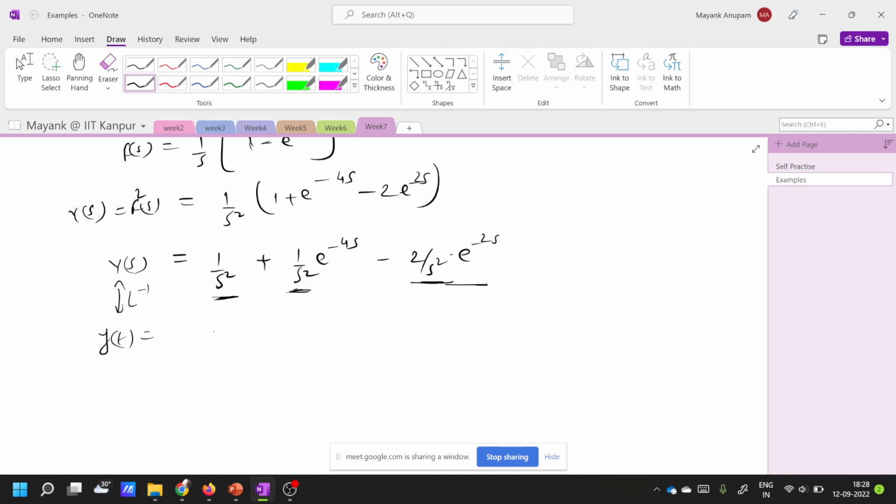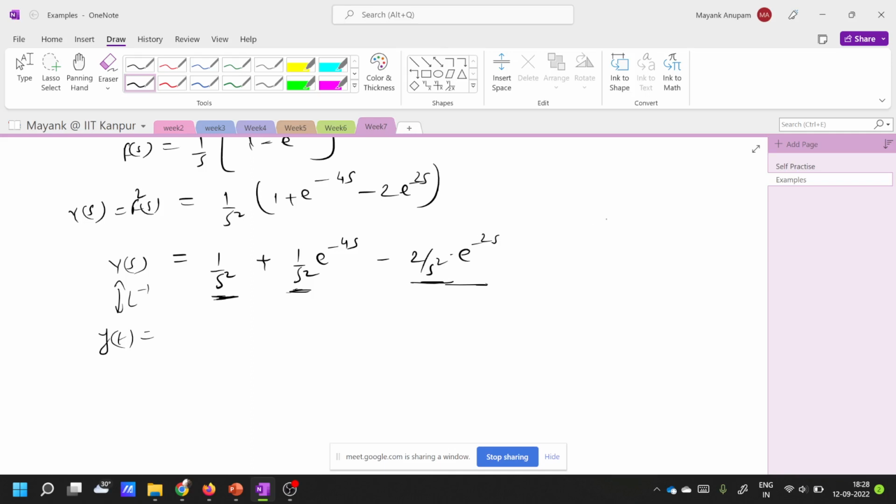Because for the Laplace transform of t to the power 1, it is 1 factorial by s to the power 1 plus 1, which means 1 by s square. So it is basically integration, right? Each time you integrate a signal, you multiply by 1 by s in the Laplace domain.